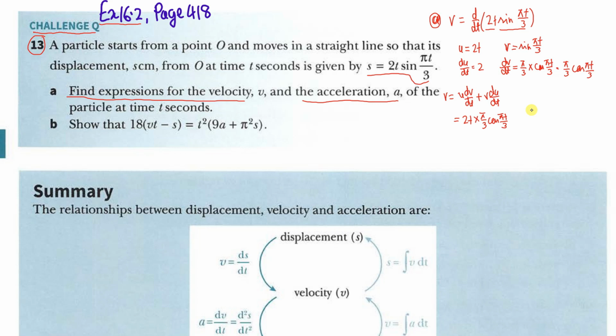Then plus v, which is sine pi t by 3, into 2, so we write 2 sine pi t by 3. Writing in a simplified form, it is 2 pi t by 3 as a constant, cos pi t by 3 plus 2 sine pi t by 3, and this is our expression for the velocity.